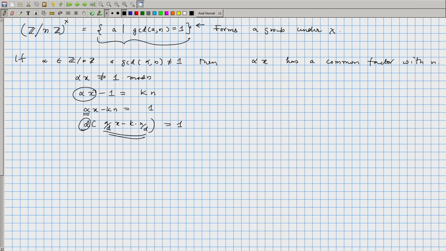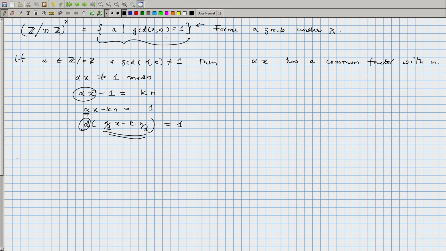So, how can we multiply two integers, at least one of which is different from 1, and get 1? So, this is impossible, and therefore, all the elements which are outside the set that we have described here must be excluded. Okay.